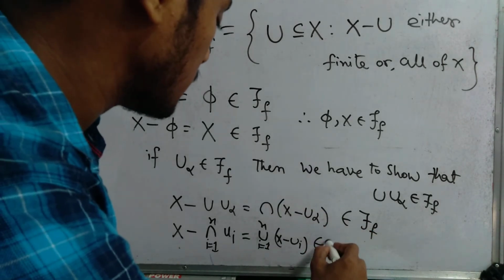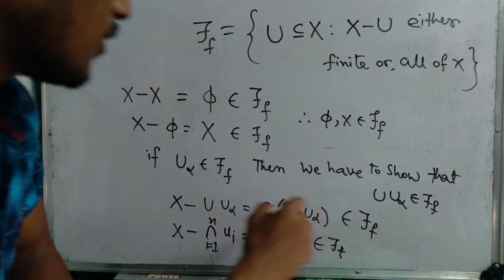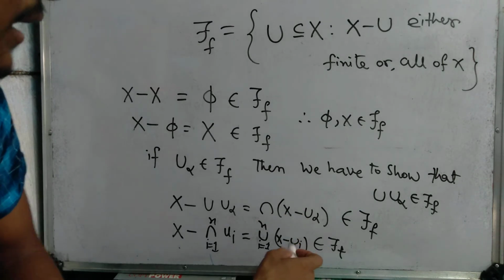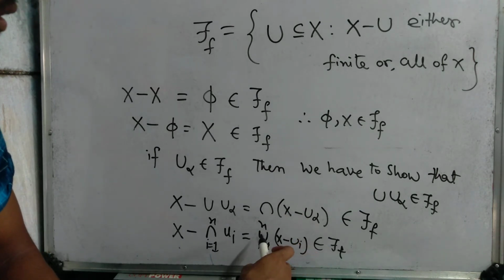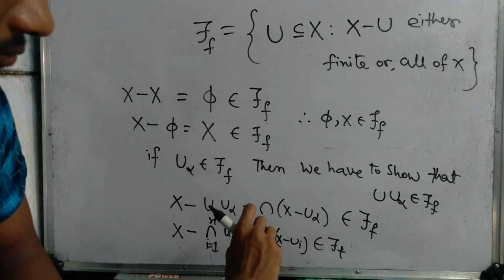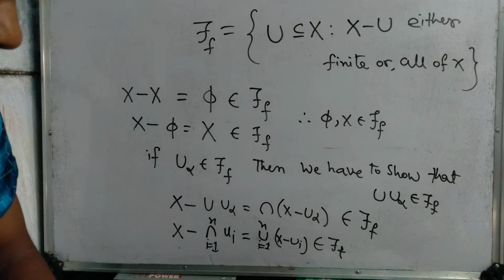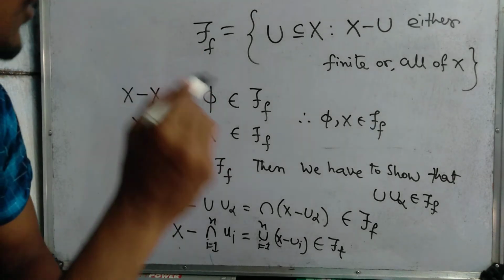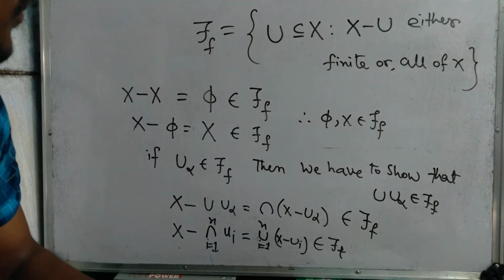This obviously belongs to tau f, because X minus U i are finite and a finite union of finite sets must be finite. So tau f becomes a topology.